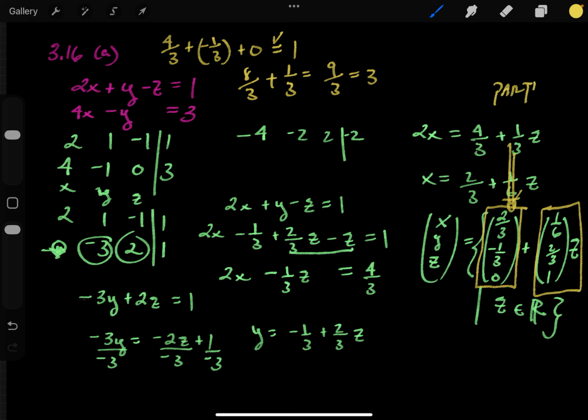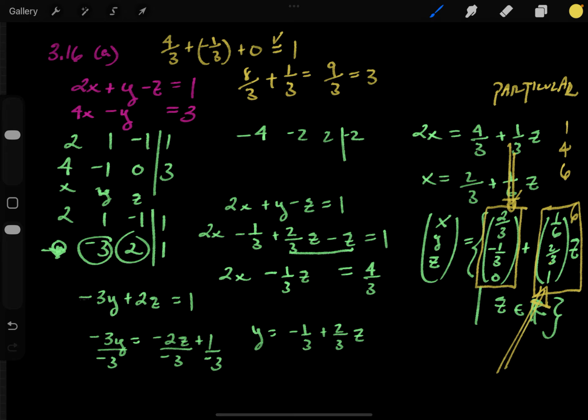Particular. And then we want to see that this is always a homogeneous solution for any z. So I'm going to pick 6 for z because that's going to make it easy, because 6 times 1/6 is just going to be 1. And then 6 times 2/3 is just going to be 4. And then 6 times 1 is just 6.